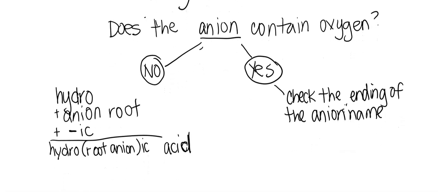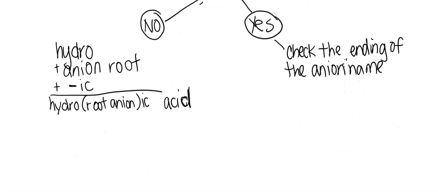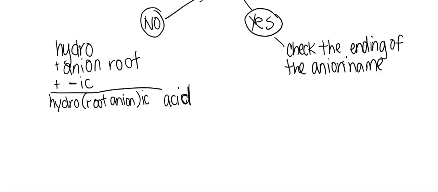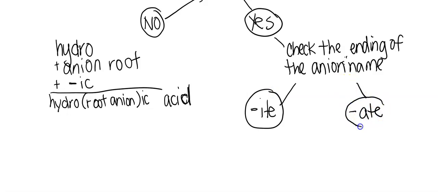You need to check the ending of the anion name. You'll notice in some of the polyatomic ions there are ones that end in ITE, and then there are ones that end in ATE. I'll put a circle around them in the chart.